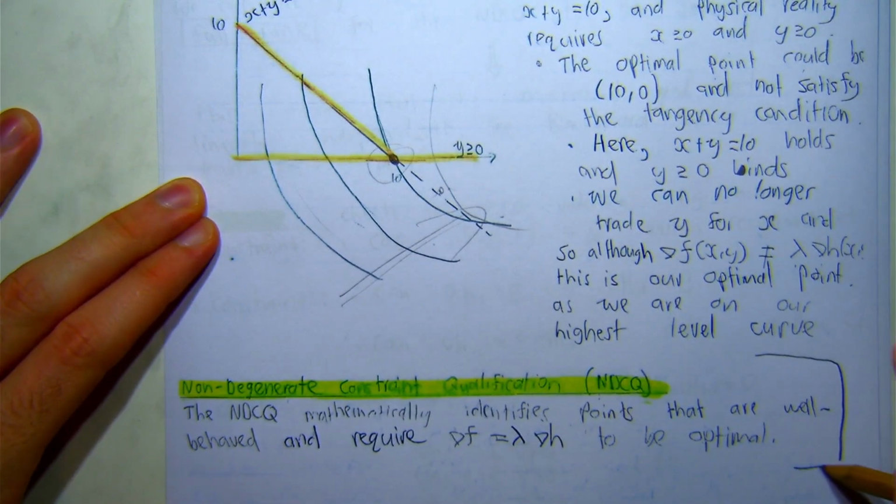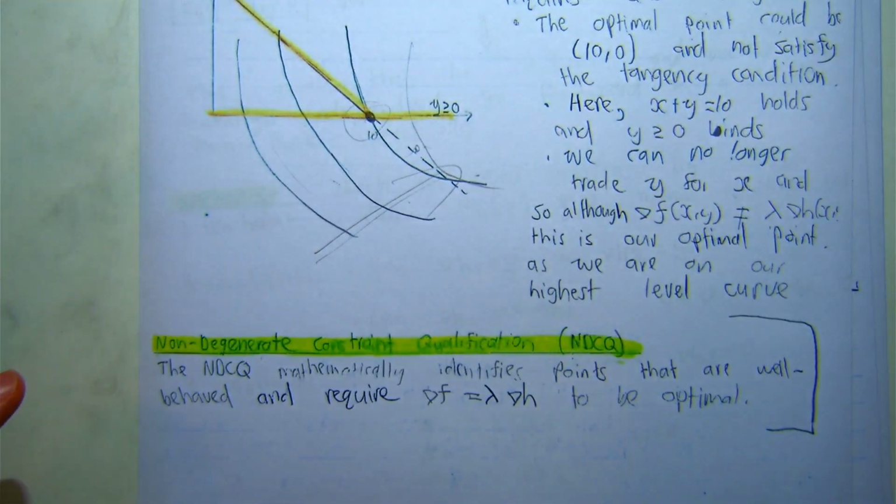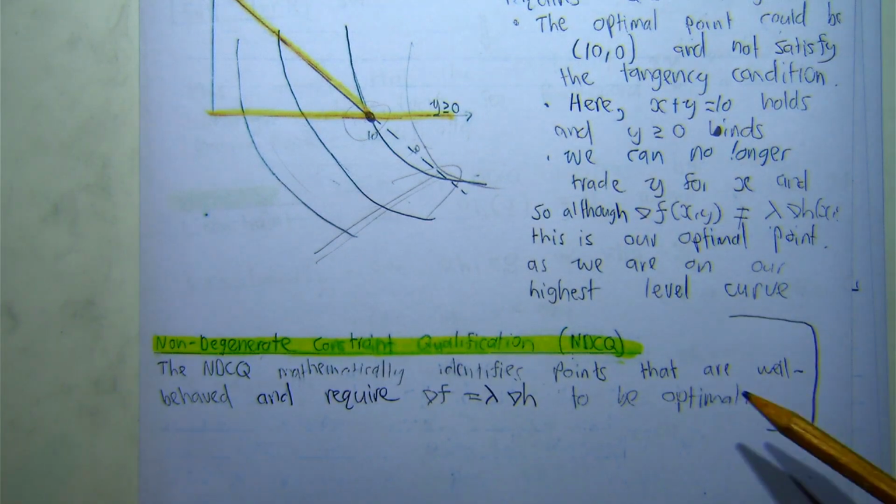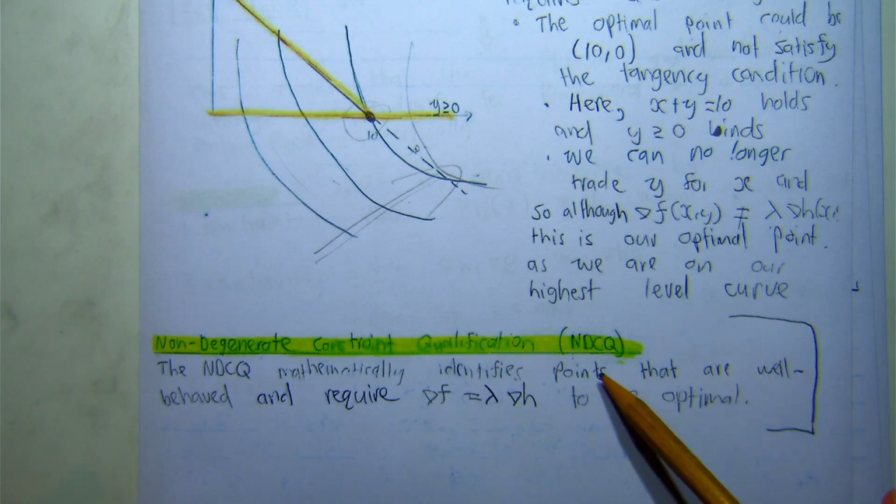So a lot of people find NDCQ kind of confusing because the process itself is an algorithm that you just have to learn how to do. And the way that it actually addresses all of the things that it does address is hard to understand. It's a bit abstract. But you don't need to understand the ins and outs as to why it works. Instead, you just need to know how to correctly check the NDCQ, and that in doing so, you are dealing with these problems.